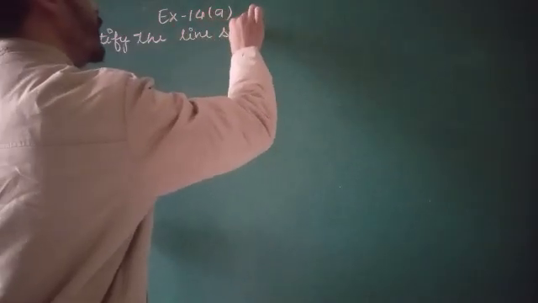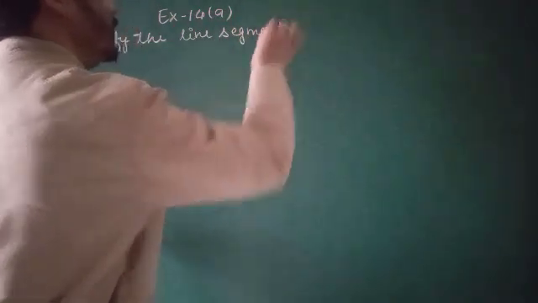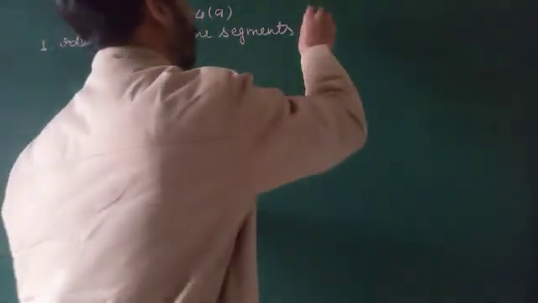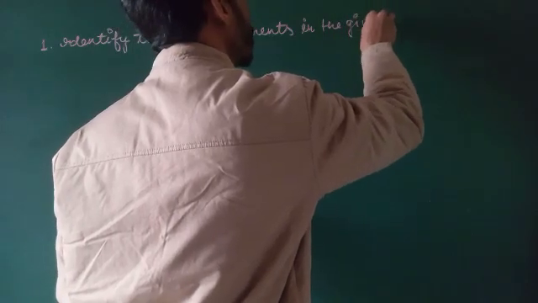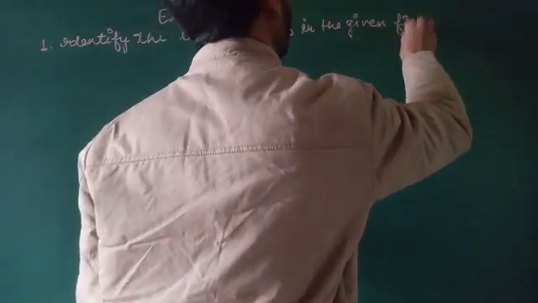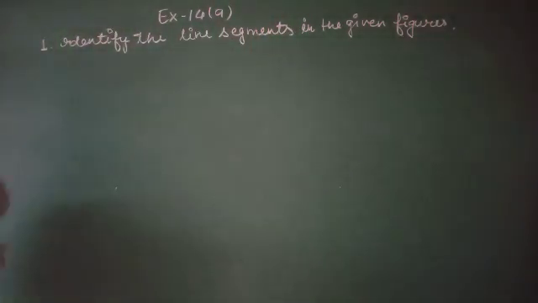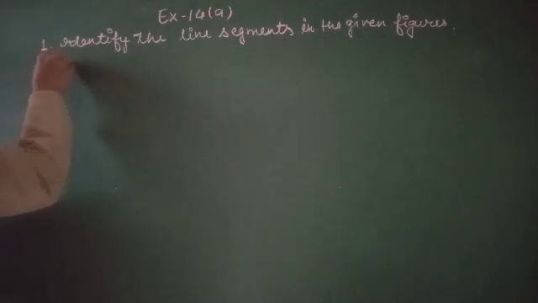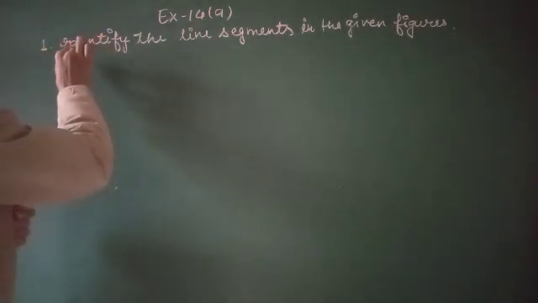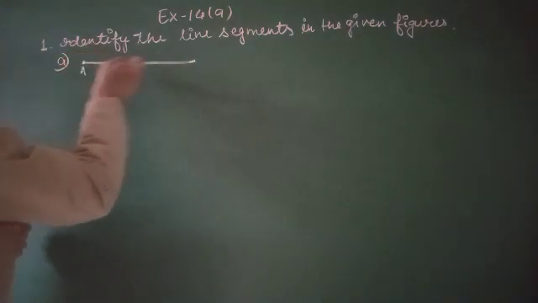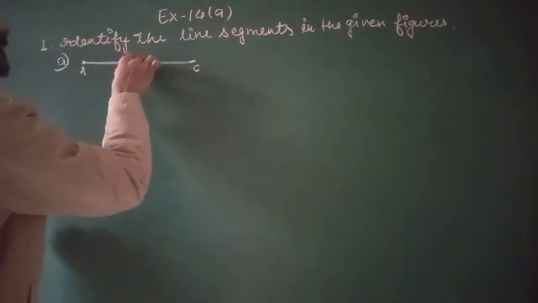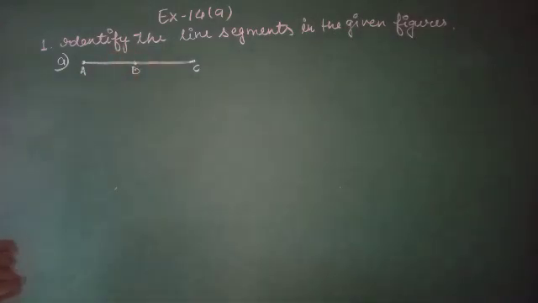Identify the line segments in the given figures. Question number A: there is a line segment AC and the midpoint is B. We have to write the line segments in the given figure.